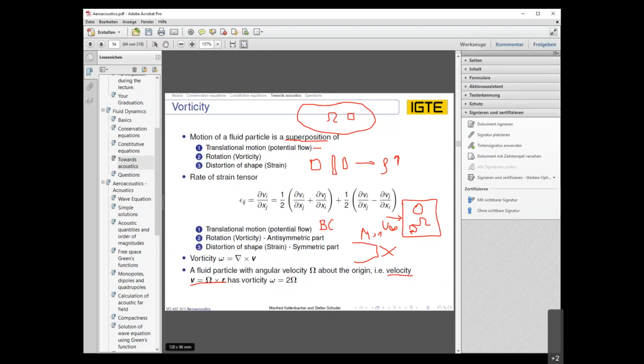This is just an illustration. It's more or less not really important for you, and it will not happen in the real world. So just take the message that the vorticity is somehow related to an angular velocity. That's important. The rest of the example is just to illustrate it. Okay, any questions on that?